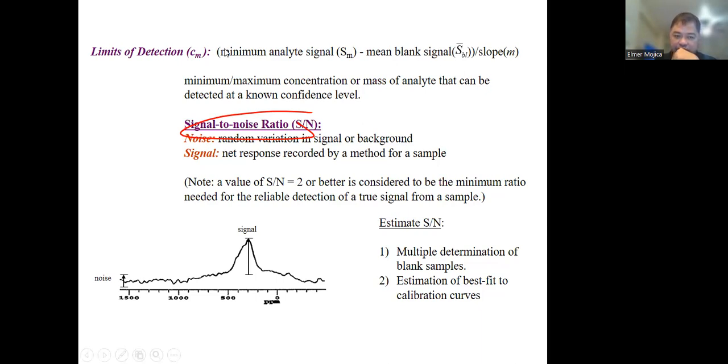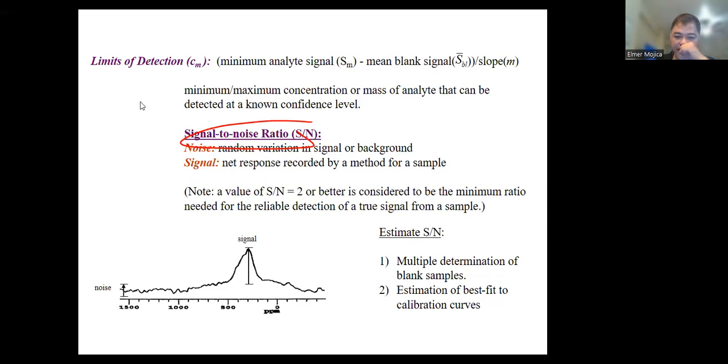Okay, so detection limit or limit of detection is the smallest concentration of analyte that can be detected by an instrument. Okay, the lowest measurable concentration of an analyte by use of a particular instrument.